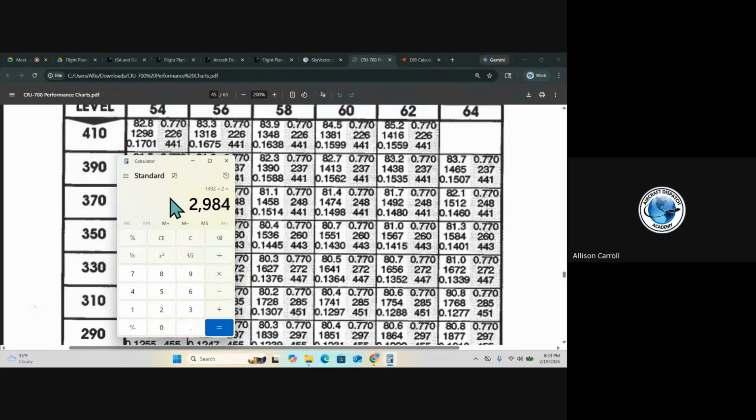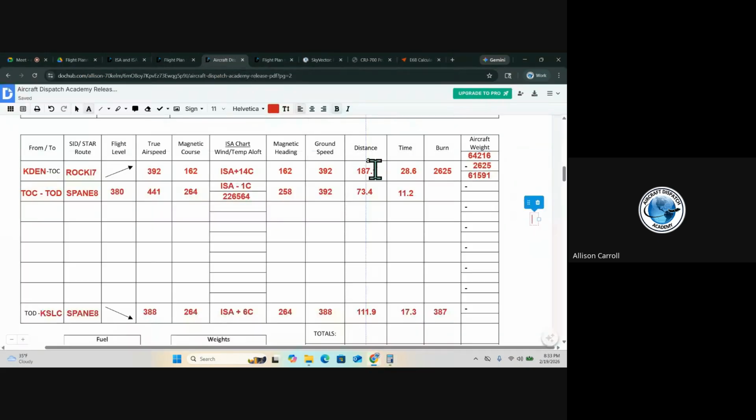Well, we're only flying 11.2 minutes, right? So we're going to divide by 60. That gives us a burn per minute for these 2 engines. And then multiply that by how many minutes we're flying. 557.133333. So me personally, I will do 558 for the fuel burn.